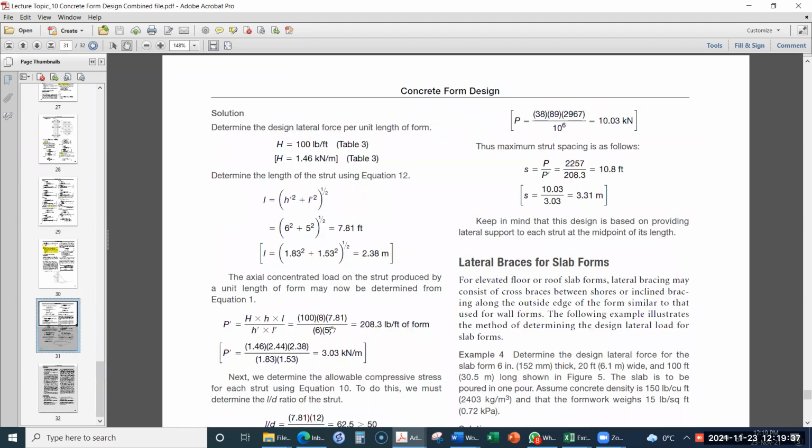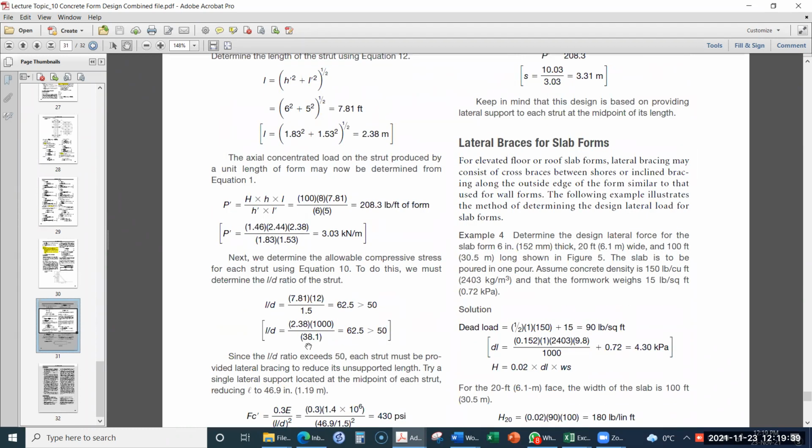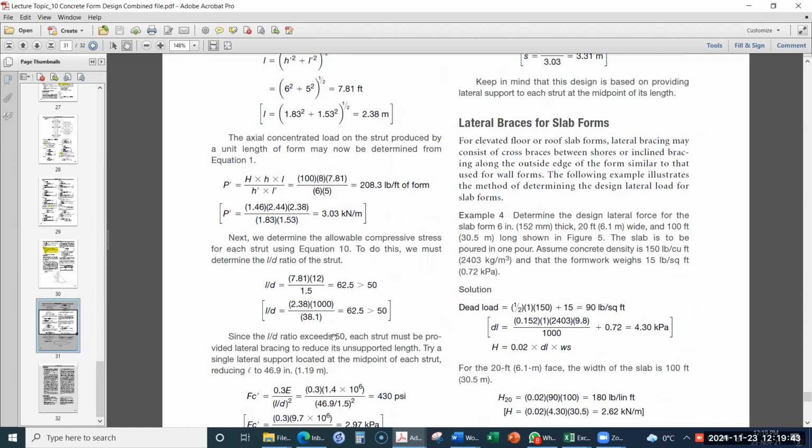So I go back to over here, 38 millimeter or 38.1 millimeter. In this case, we calculate it and it is 62.5, the L over D dimension. This L over D ratio for a short column should be less than 50.